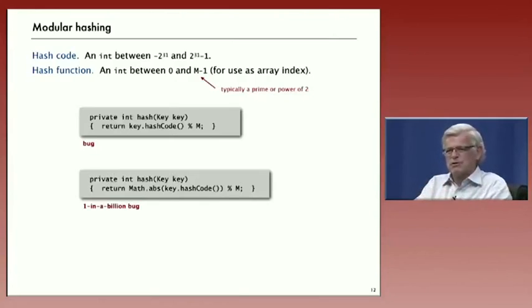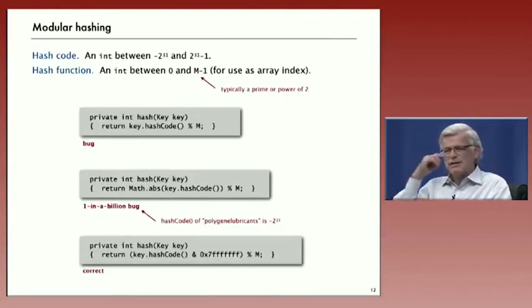You want it to be between 0 and m-1. But even if you take the absolute value, -2 to the 31st is possible. So you have to just take the 31 bits. You get the hash code out, make it positive, and then mod m is the way to go. The math doesn't quite work out right.